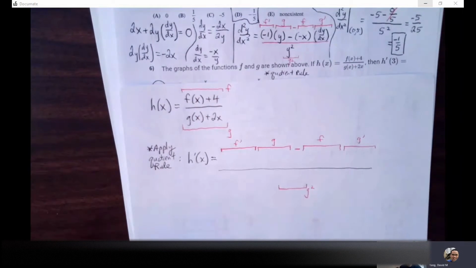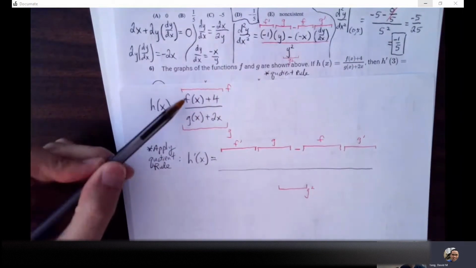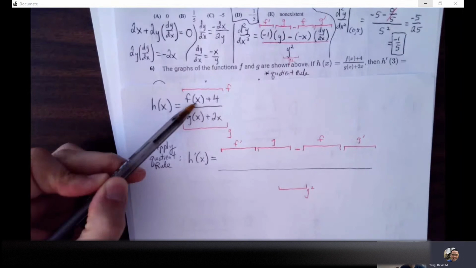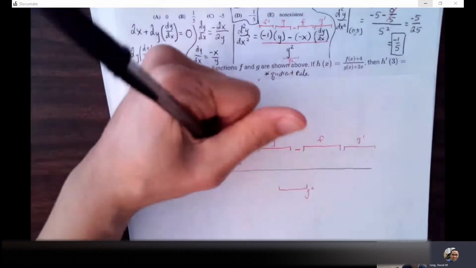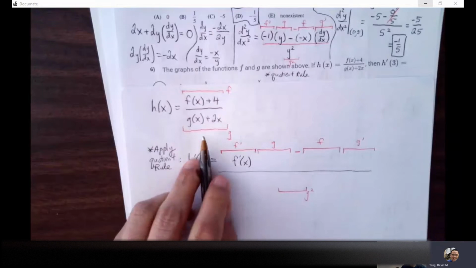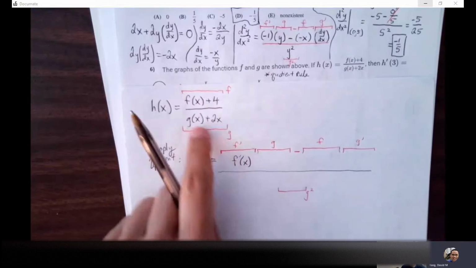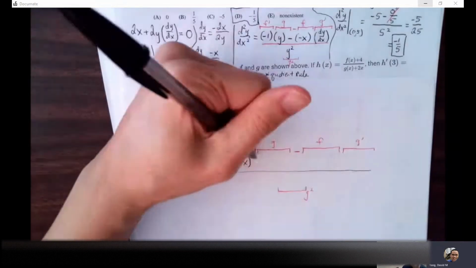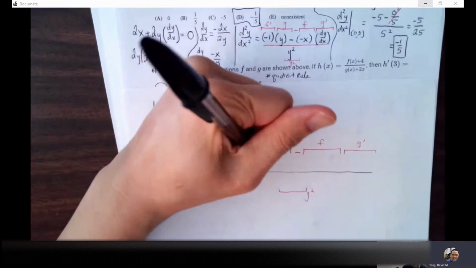All over g squared. So f prime, the derivative of my numerator f, becomes f prime, since 4 goes to 0. The g function, no changes. I'm just going to copy that down exactly as I see it.